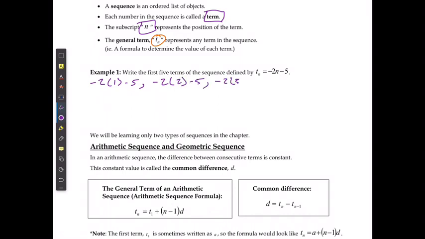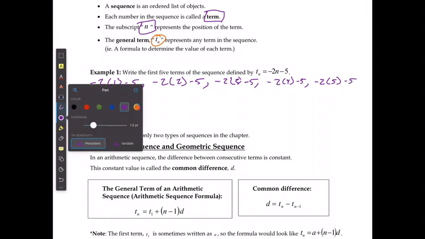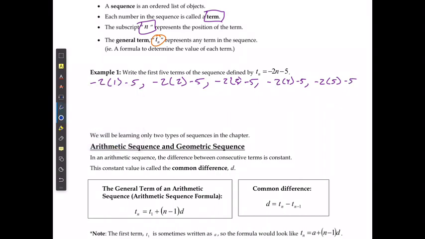Negative 2 and term 3 minus 5. Negative 2 and term 4 minus 5. And finally, negative 2 and term 5 minus 5. Negative 2 times 1 minus 5 is going to give me negative 7. Then I'd go to negative 9, negative 11, negative 13, and negative 15.